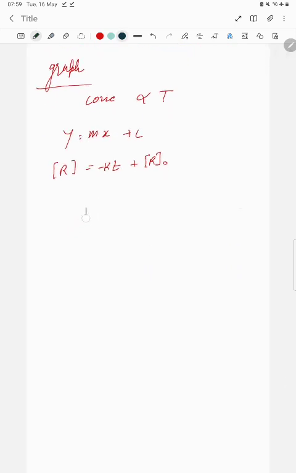If you are making the graph, this is the concentration of reactant on this side, and here is time. This is the x-axis and this is the y-axis.